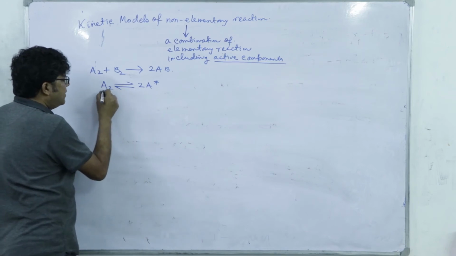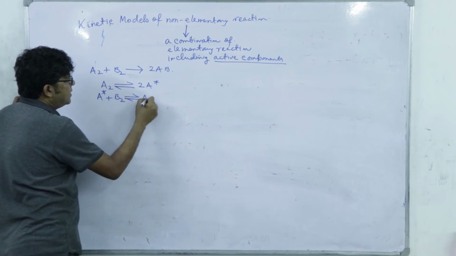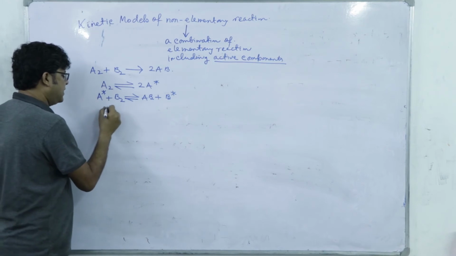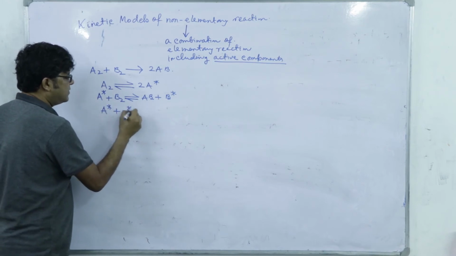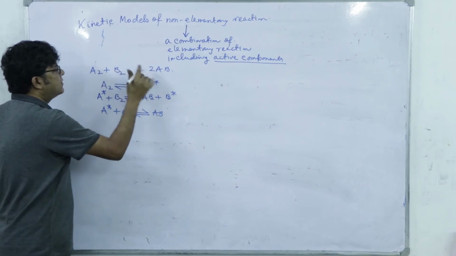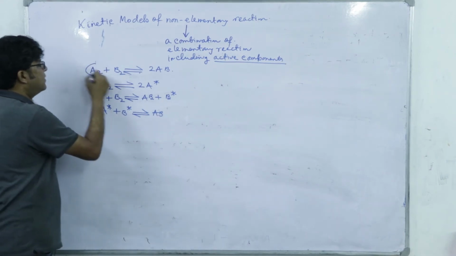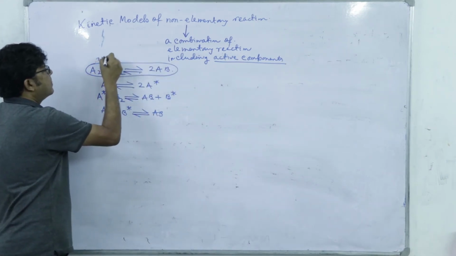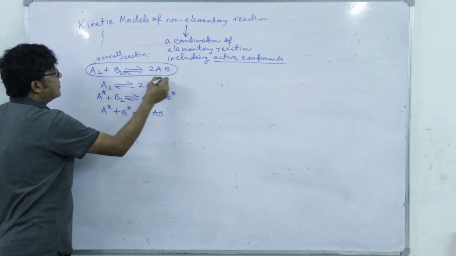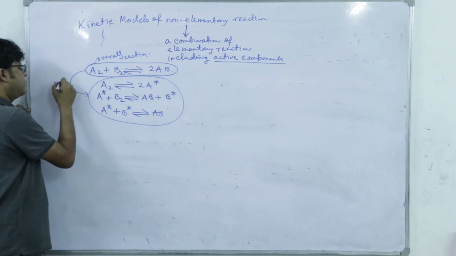Now A star plus B2 giving AB plus B star, and finally A star plus B star giving AB. So overall it is a reversible sort of reaction, and this is the overall reaction. And this is the mechanism.